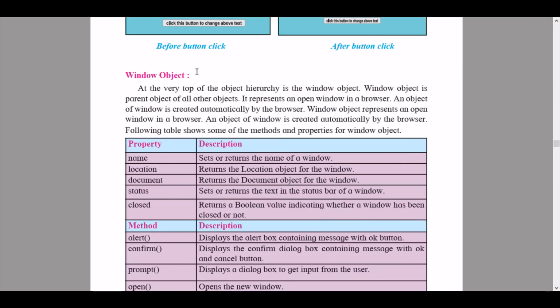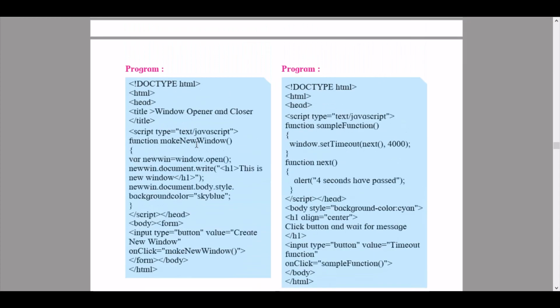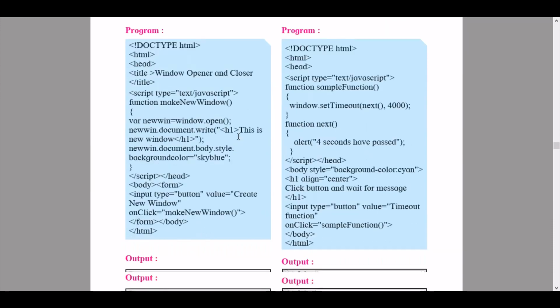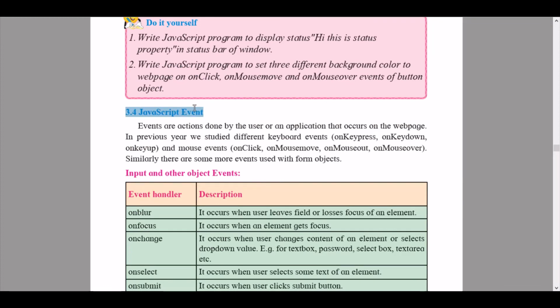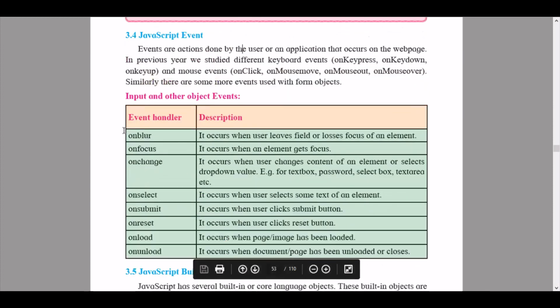And before we end, I'll just tell you which topics have been removed from this chapter, because we just need to learn after this in part 3, the window object, then the programs given here. Then we need to learn from unit 3.4, that's JavaScript events. We only need to learn the input and other object events.